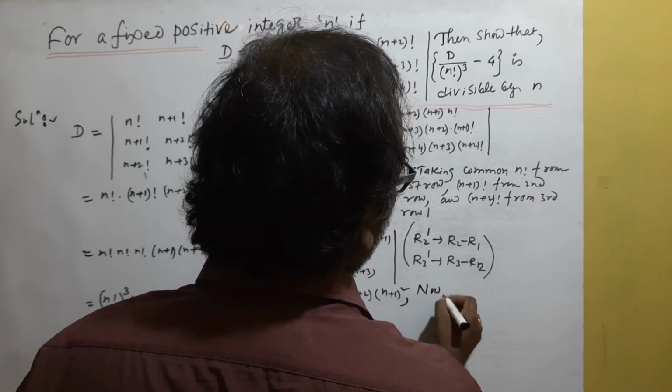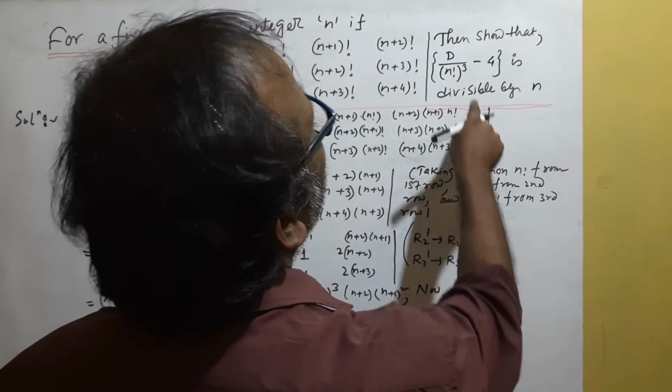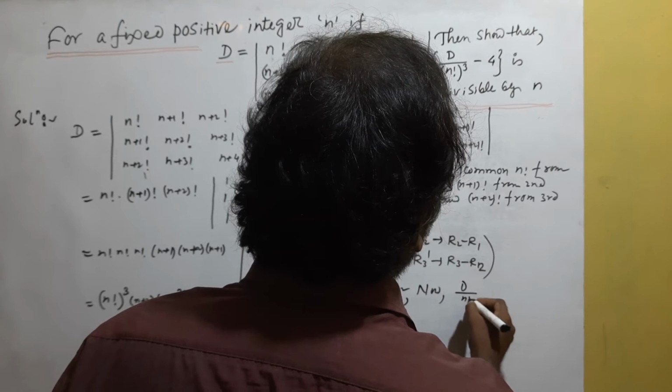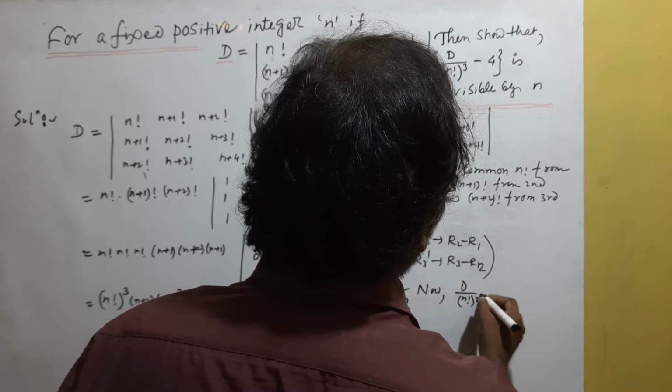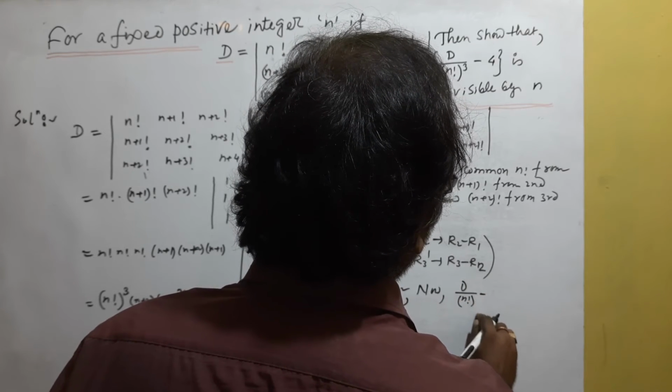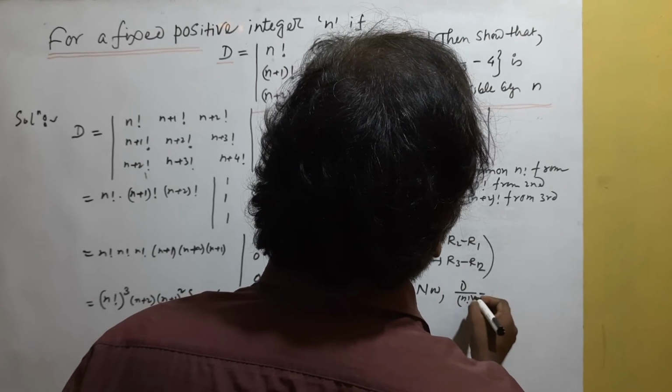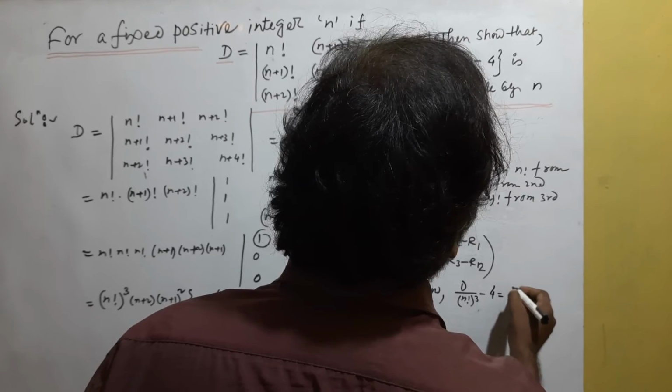Now, this is the figure here. D by factorial n whole cube minus 4.